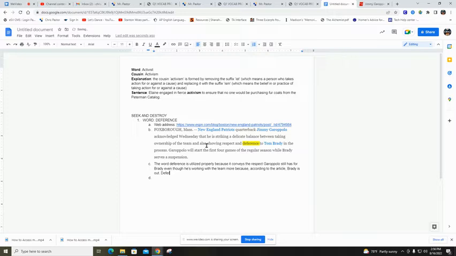Deference means to show respect towards those either in authority or in positions of responsibility. And because Garoppolo is demonstrating respect towards Brady, the word is deployed accurately. There we go. Like a missile or a torpedo on a submarine.